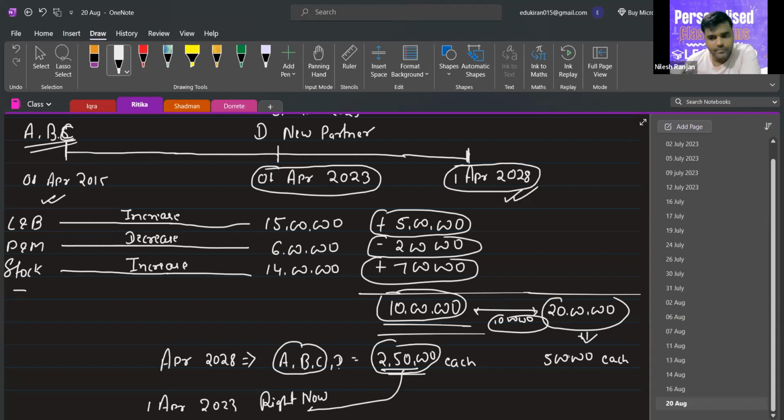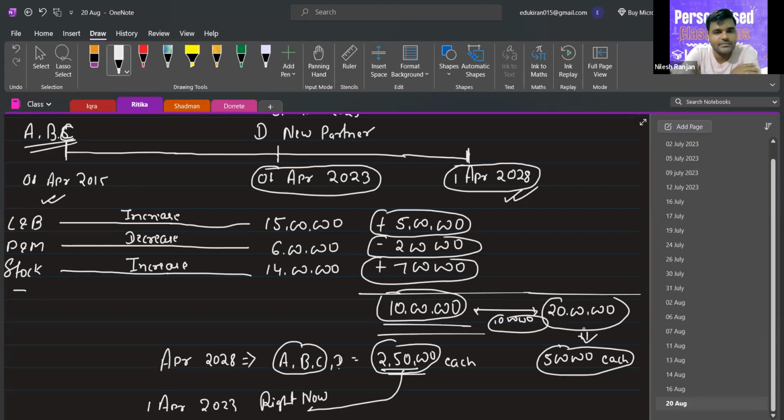And in this 5 lakh, 2,50,000 is related to profit which was earned before 2023. That's why we don't have any option to distribute this separately. So we are distributing this 20 lakh combined with the past profit also. So D is getting 2,50,000 extra. That's why he has to pay A, B, C right now in 2023.